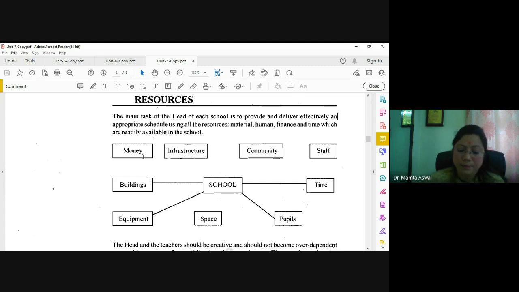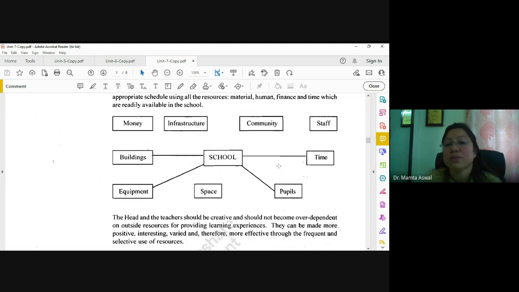For example, your head wants to establish a smart board inside the school, right? Now for that smart board they need some money, but the school is short of money. So the head wants to do that particular thing, but there is a shortage of money, therefore it won't be possible. In that case, the head of the department or the head of the school can go for other resources also.